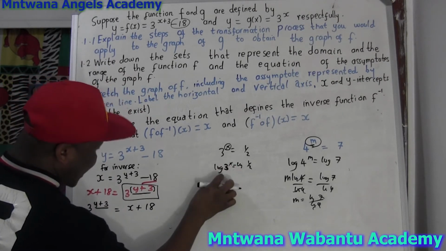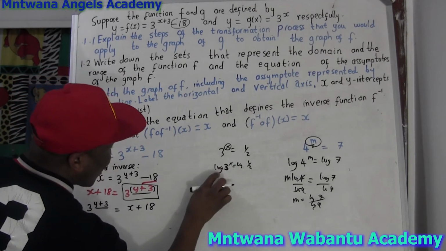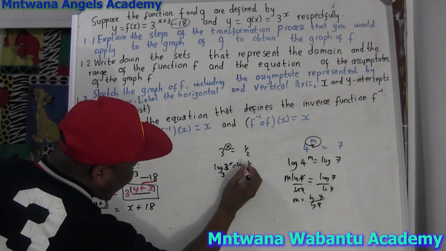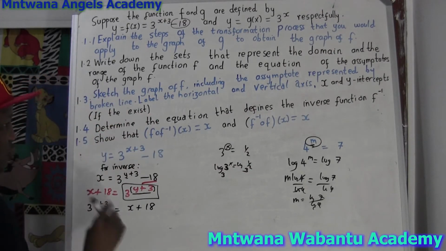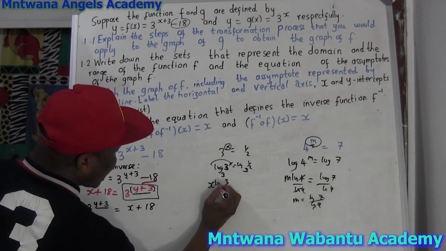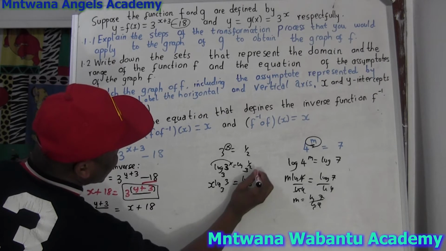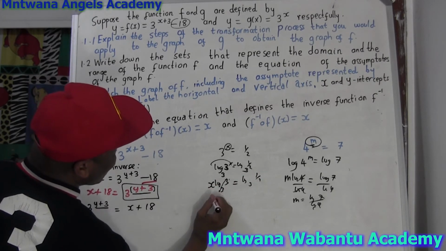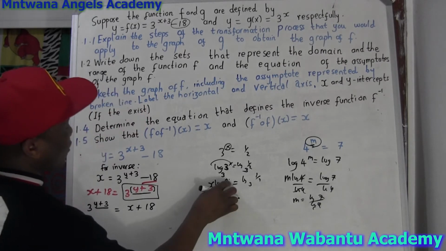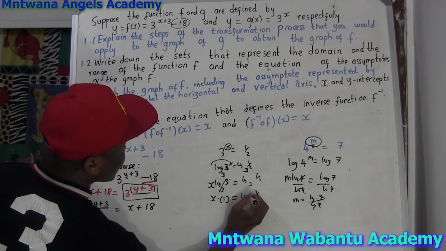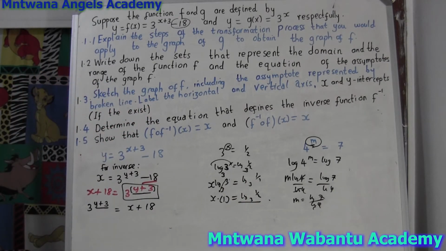If this is 3, I apply log throughout, but that log must be under base 3. You know why? Because this x comes to the front, and I'm left with log 3 under base 3, which is the same log, same base, equal to 1. So x times 1 equals log of a half under base 3, and the question is done.